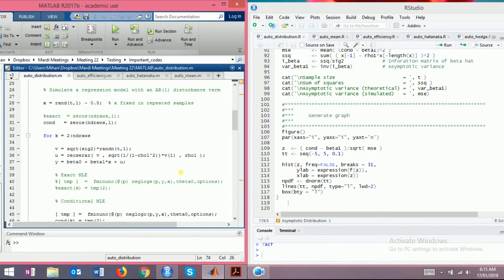This is the variance, the asymptotic variance here, which we dealt with before, the asymptotic variance.